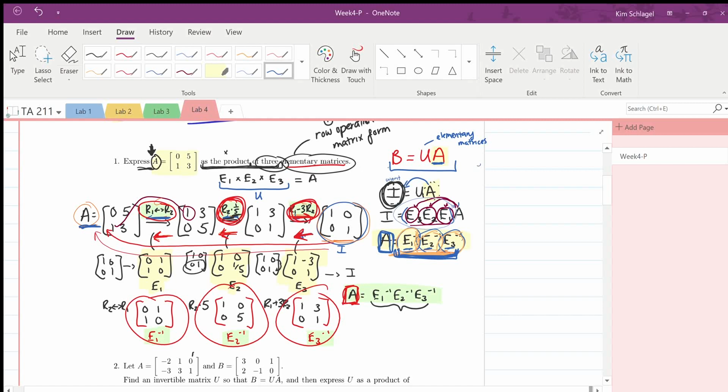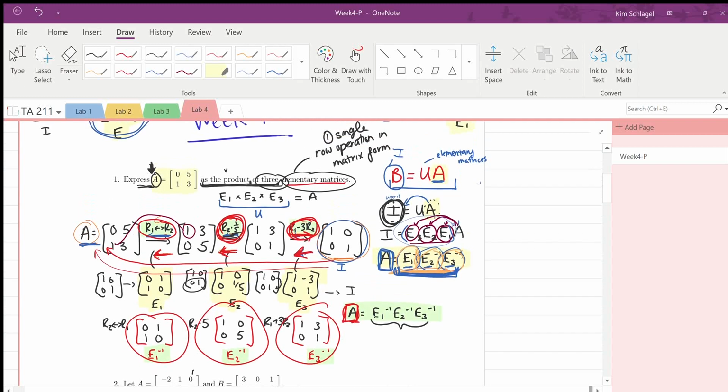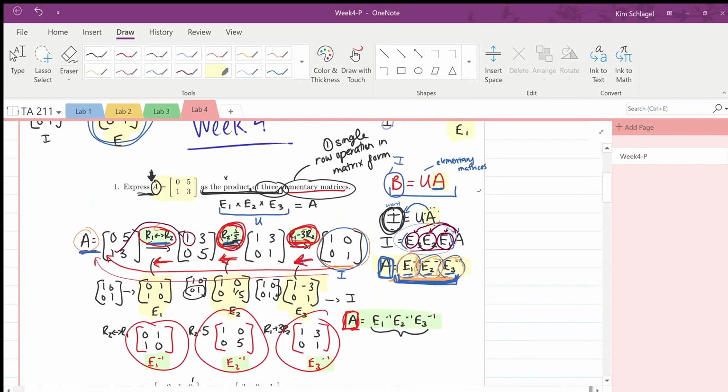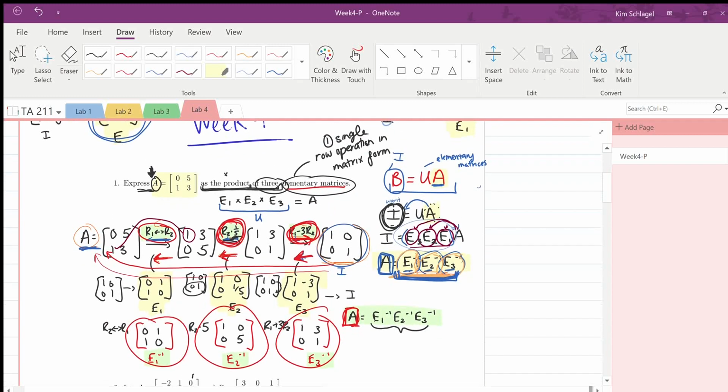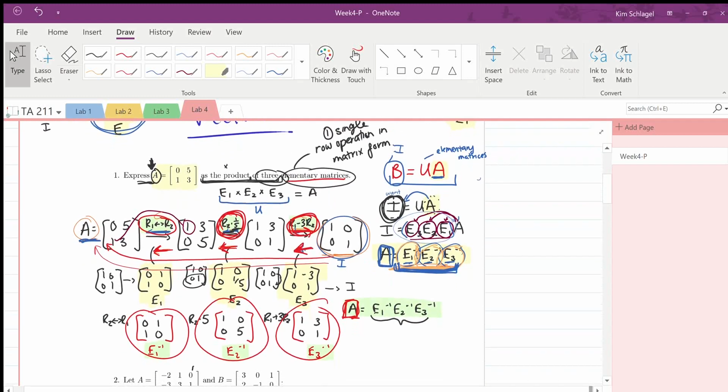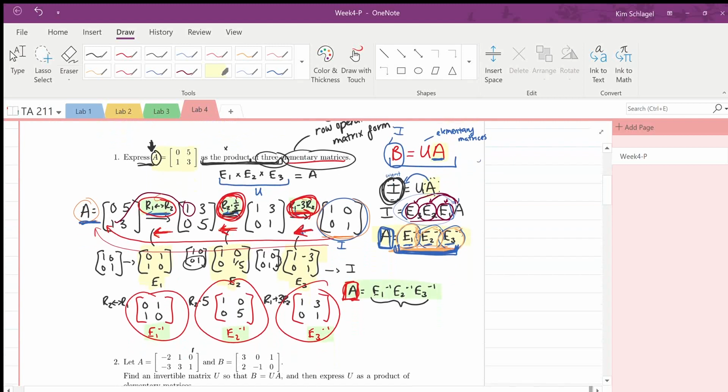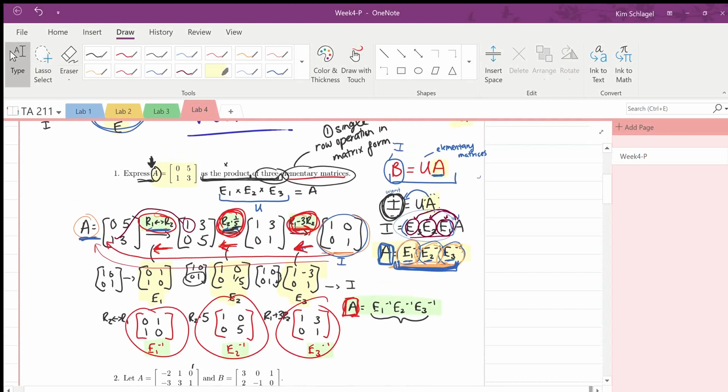Okay, and that's because our B here was the identity matrix. So I hope that made a little bit more sense. These questions are kind of difficult when you first start them, but if you practice them, then they'll become much more routine.